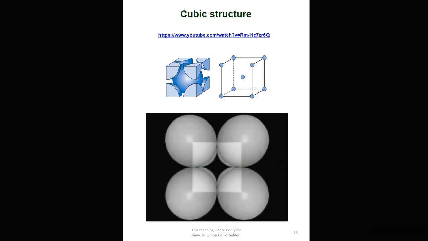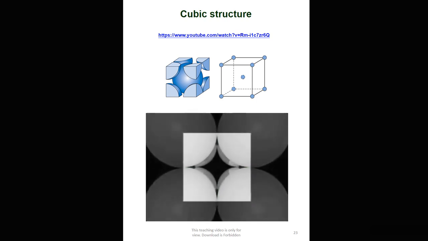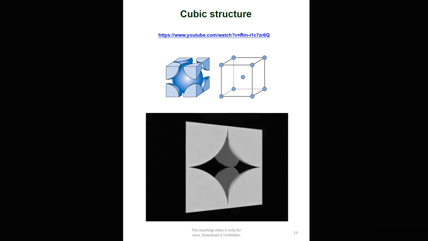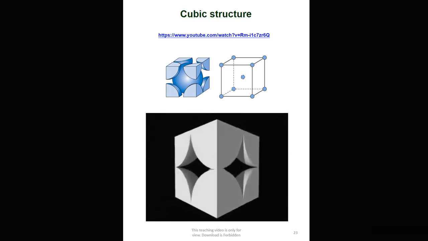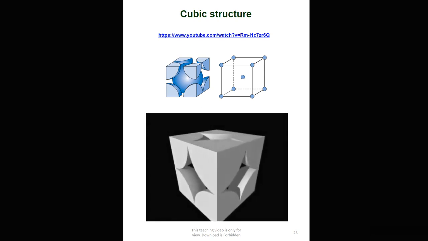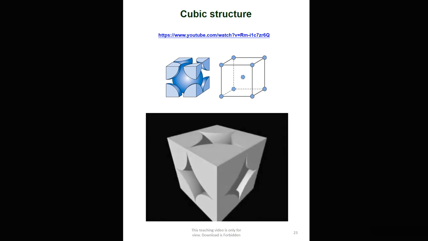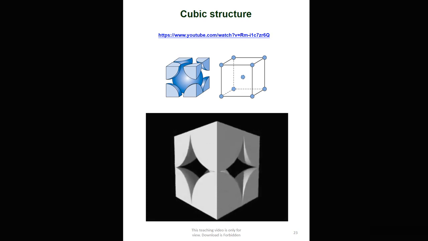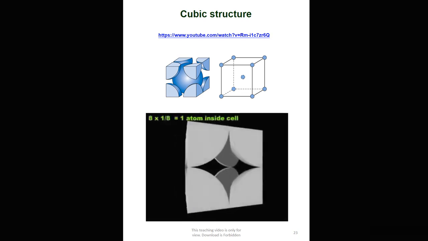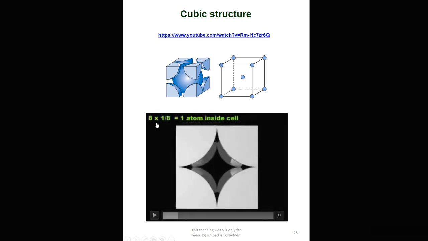We can generate the unit cell of the simple cubic lattice by including only those portions of the atoms that appear inside the cell boundaries. In the case of the simple cubic cell, each atom lies 1/8 inside the cell. Since there are 8 of these fractional atoms, there is the equivalent of one atom.